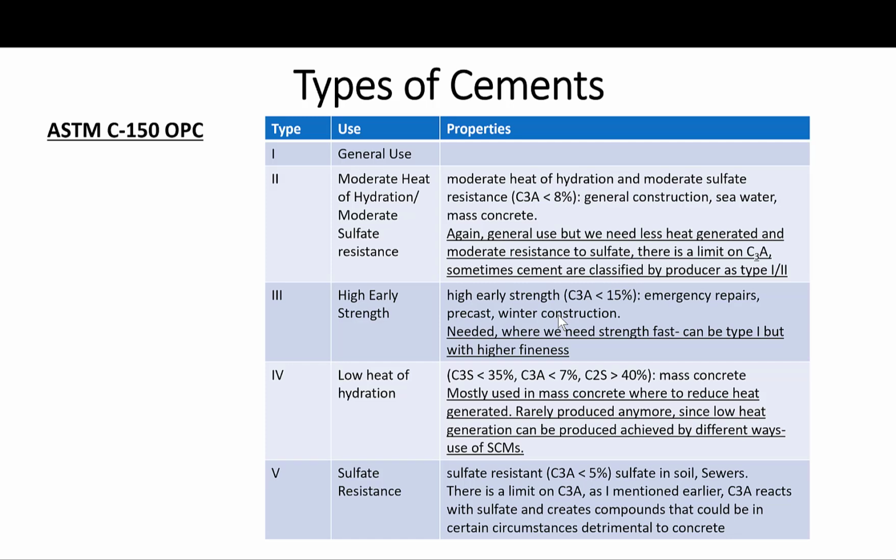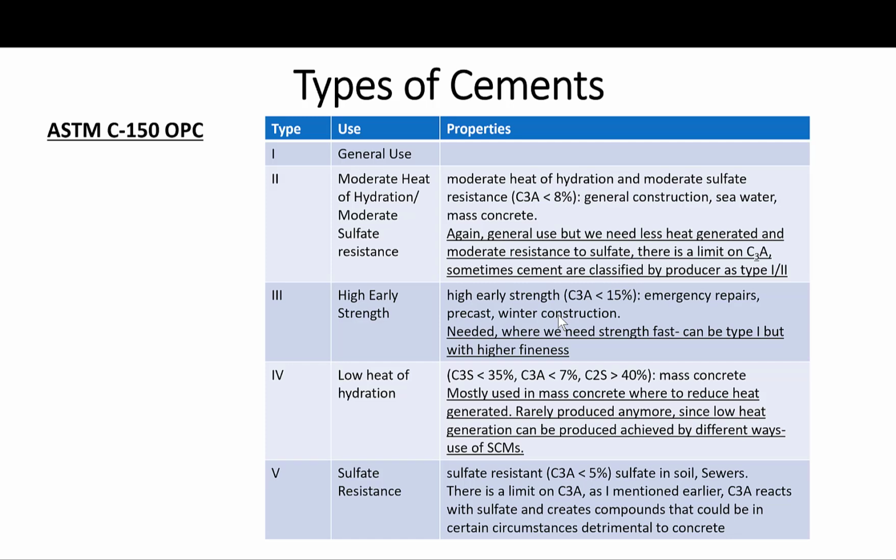Okay, we have type 3, which is designated as high early strength. C3A content is less than 15%. This one is used really in emergency repairs, in precast concrete, and in winter construction, because we need strength very fast.